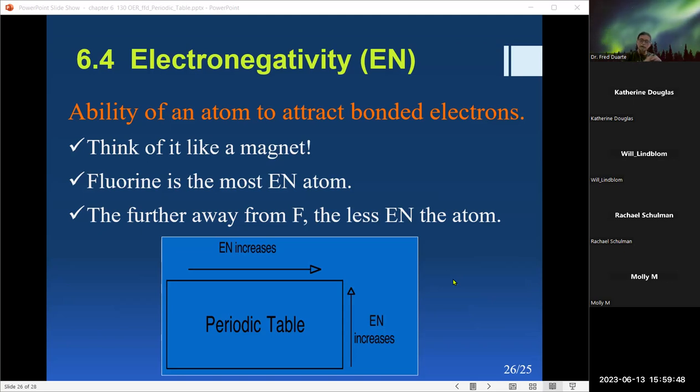So the element that is closer to fluorine will have a higher EN value when compared to another non-fluorine atom, like the example I just used with carbon and nitrogen.